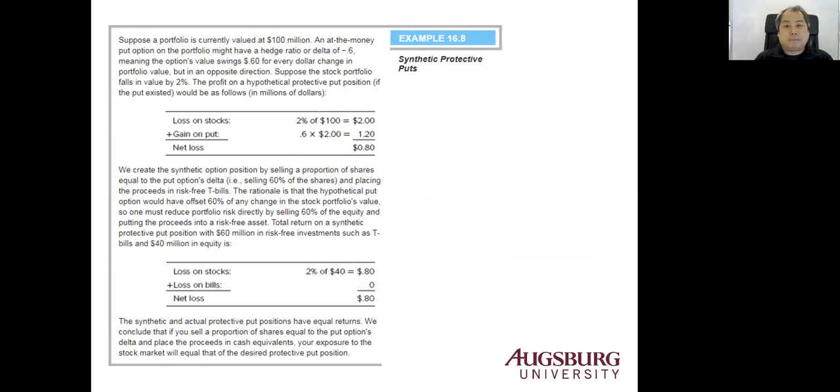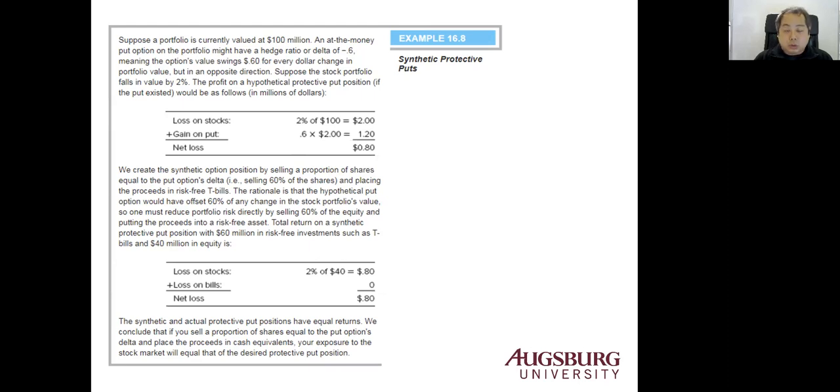All right, so chapter 16, the very important part is two parts. One, binomial; two, Black-Scholes. I want you to know how to get the value of the call option, especially with the one-interval binomial tree.